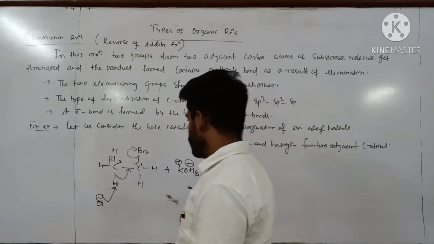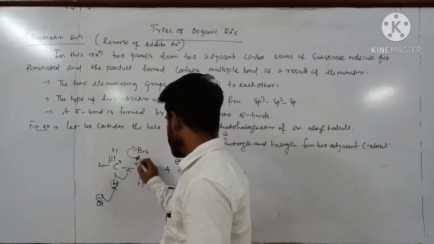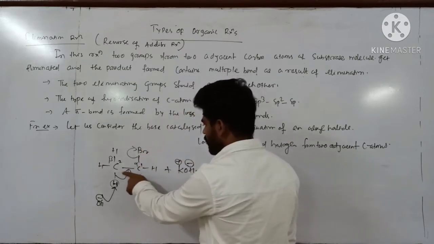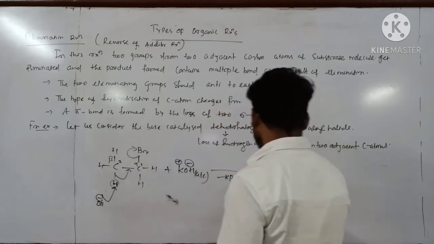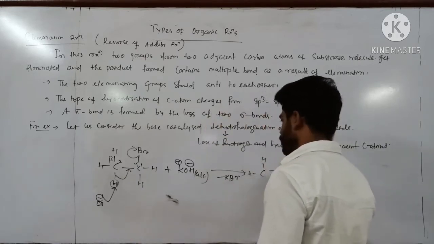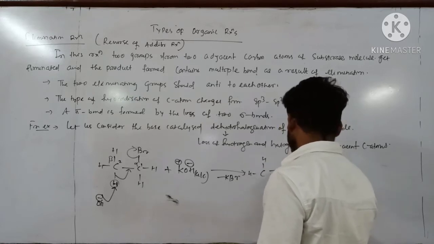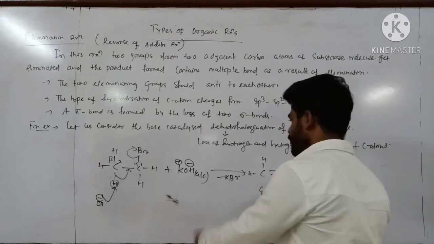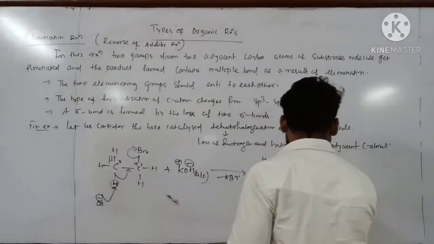Now you see the loss of hydrogen and halogen. So what happens? A multiple bond is created, a double bond is created between these two carbon atoms. So product will be like this: CH2 double bond CH2. This is alkene, ethene, plus H2O, it is water.